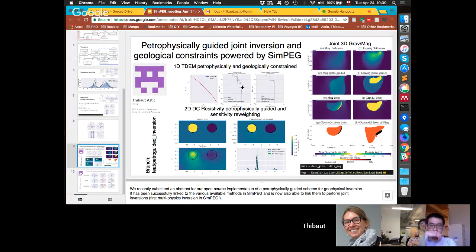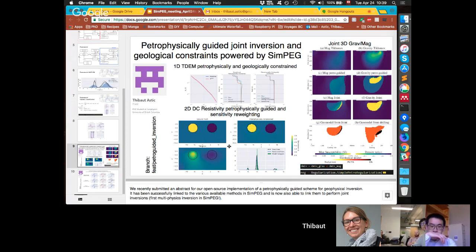So I have a time domain EM example. I have the 2D resistivity with sensitivity reweighting. That's the sensitivity reweighting with Tikhonov. That's the sensitivity reweighting with the petrophysical constraint, and that's the joint 3D inversion.